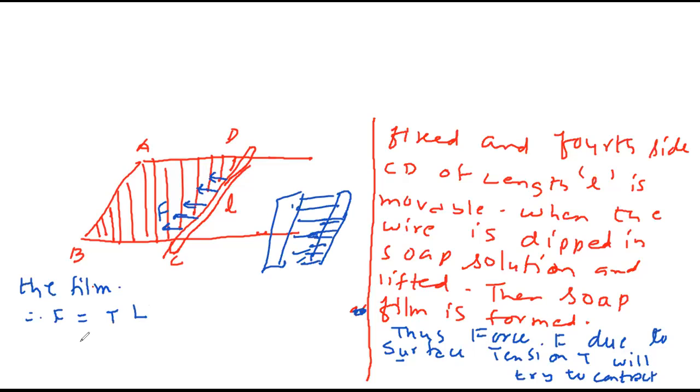So total length in contact for finite thickness is 2l. Therefore F equals T into 2 into l. The net length in contact is from the top as well as from the bottom. Therefore it is 2.